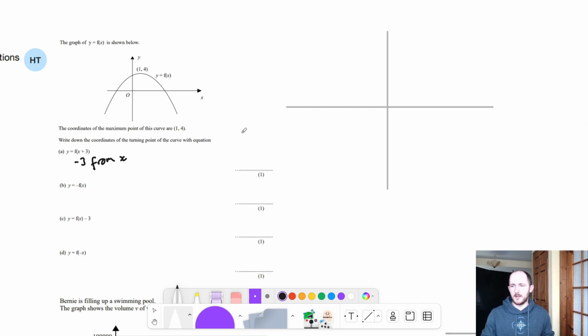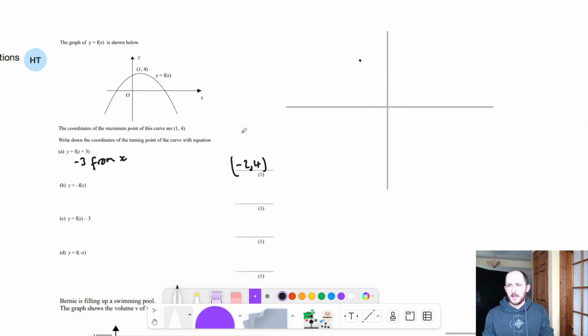Instead of it being at 1, 4, it's going to be at minus 2, 4, which is going to be on this side over here. So you're literally just picking up the graph and moving it over to the left.